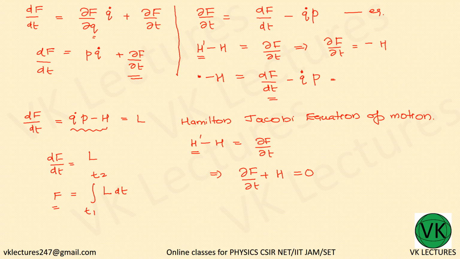Now this is the Hamilton-Jacobi equation, and what is p? Small p is equal to dou f by dou q, and whatever we have, PR, if it is the radial, we can write dou f by dou r.